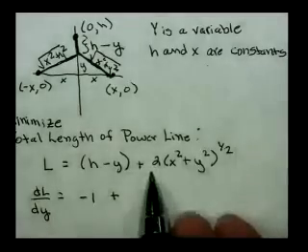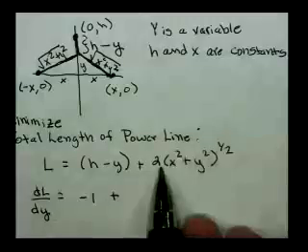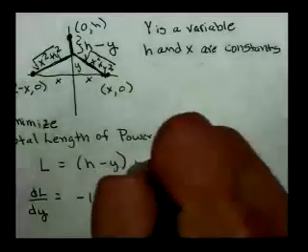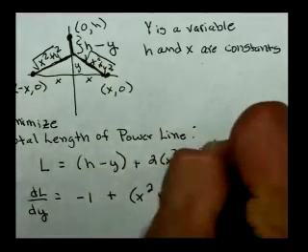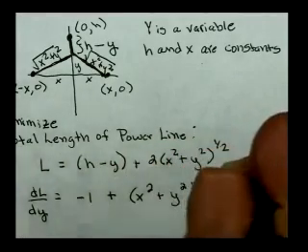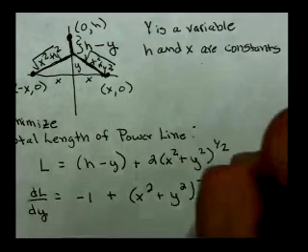The derivative of 2 times the ugly to the 1/2: 1/2 times 2 is 1. Same old ugly to the -1/2. What's the derivative of the ugly with respect to Y? 0 plus 2Y, or just 2Y.